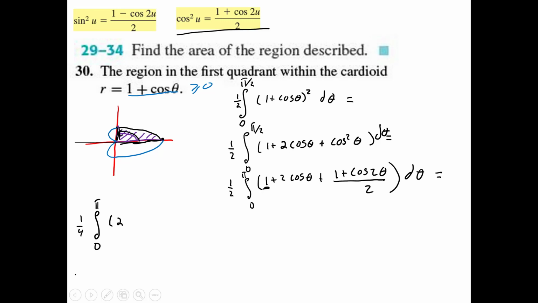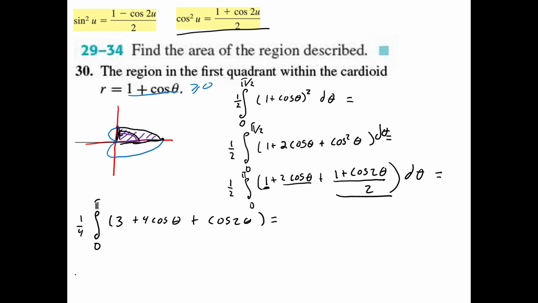And then a half times what will give me 2 cosine theta? That'll have to be 4 cosine theta. And then a half times what will give me this? Well, I already factored out the half, so all that's left is the 1 plus the cosine of 2 theta. But the 1, I will combine over here with this 2 and make that a 3. Right, so that's how we can do that.